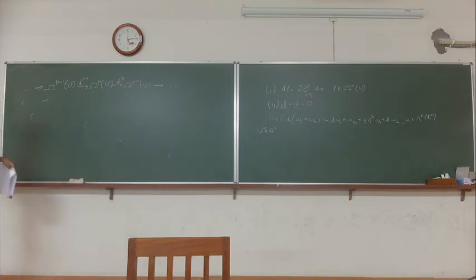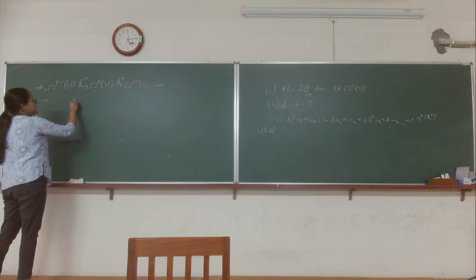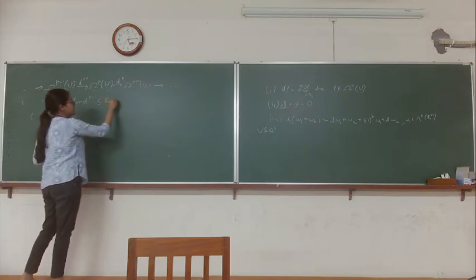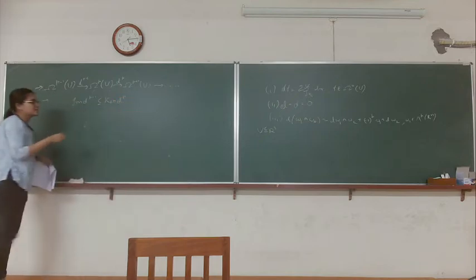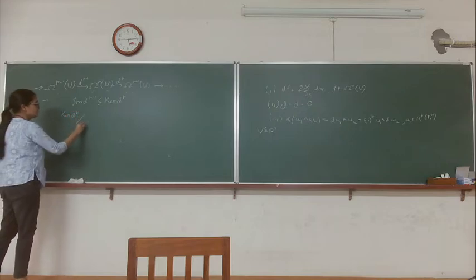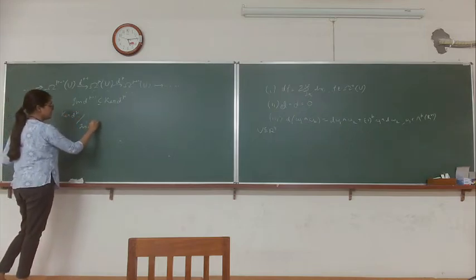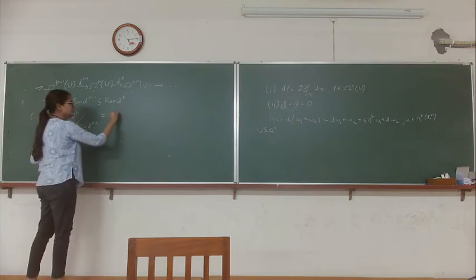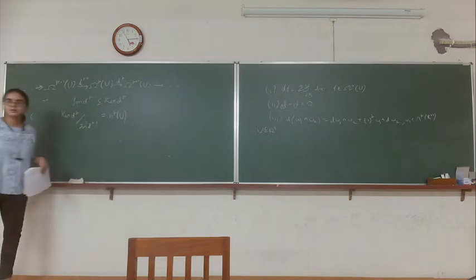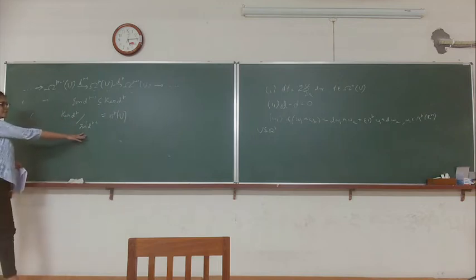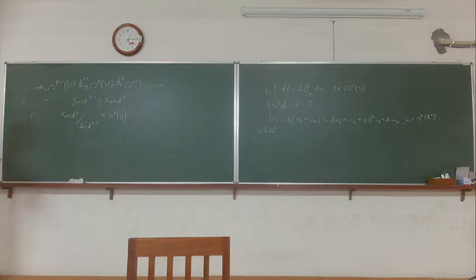Now an immediate observation from that is that the image of d^(p-1) is contained in the kernel of d^p, that is because d square is 0. So this quotient vector space, kernel of d^p mod image of d^(p-1), makes sense, and this is denoted by H^p(U), and it is called the pth de Rham cohomology vector space of U. Okay, and the elements of the kernel of d^p are called closed p forms, and the elements of the image of d^(p-1) are called exact p forms.